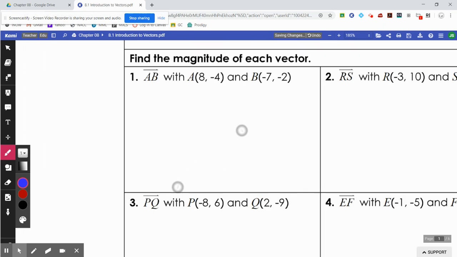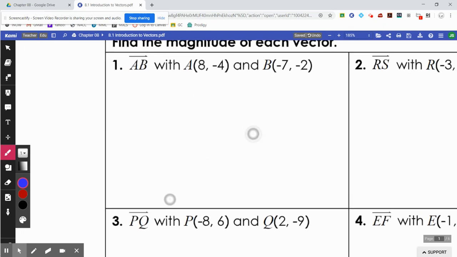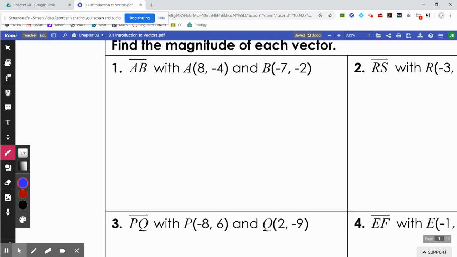So now let's find the magnitude of some vectors. Instead of using the distance formula, which I will on this first one, I much prefer the Pythagorean theorem. The magnitude of vector AB, I'm going to write this just so we get used to the symbol. The magnitude of AB is equal to the square root of x2 minus x1 squared, I'm going to go ahead and subtract as I write it down, plus y2 minus y1.